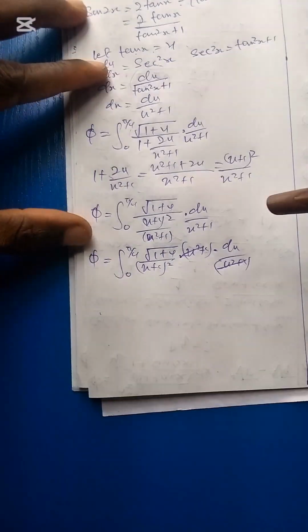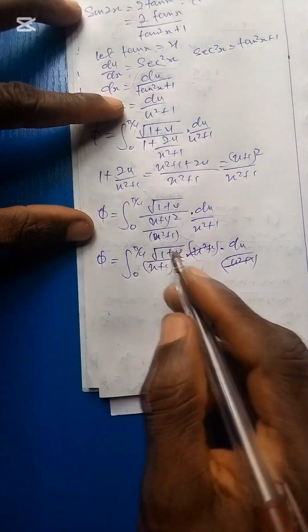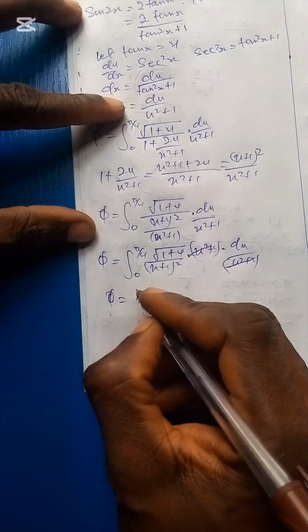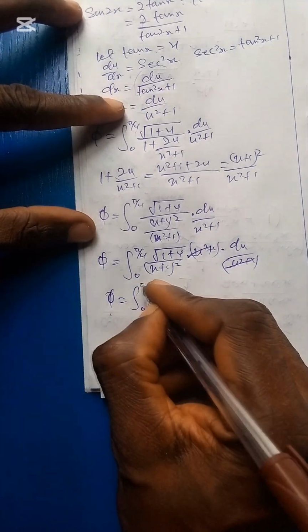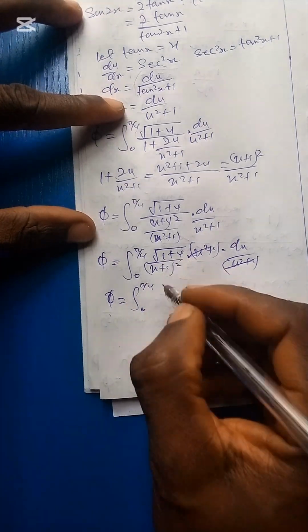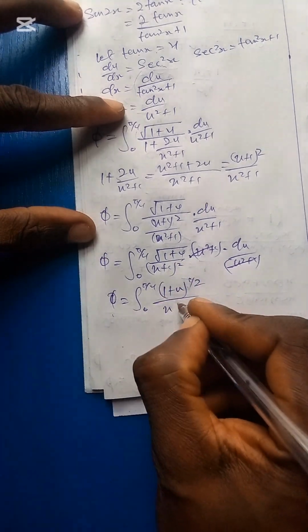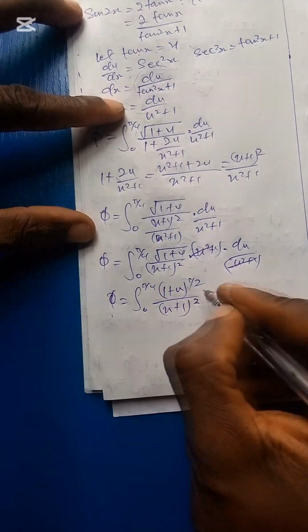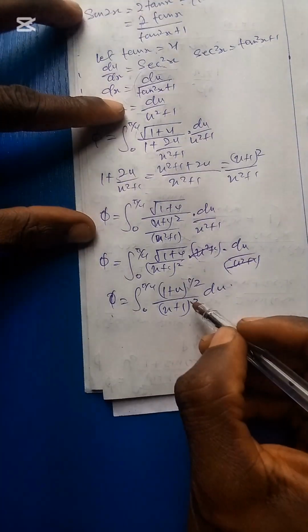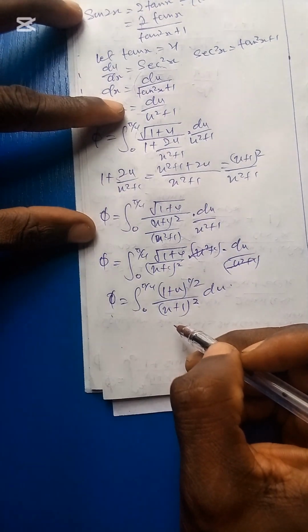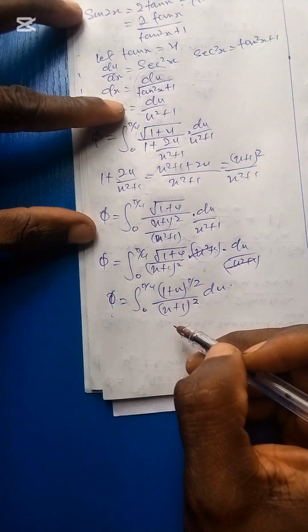When that happens, we have a simplified integrand. So phi equals the integration from 0 to pi over 4 of 1 plus u all raised to power 1 over 2 all over u plus 1 raised to power 2, then du. I can rewrite this applying the properties of exponent.